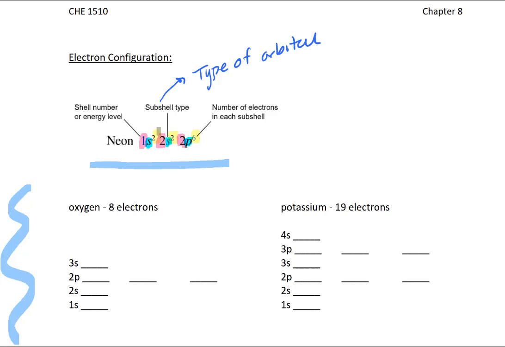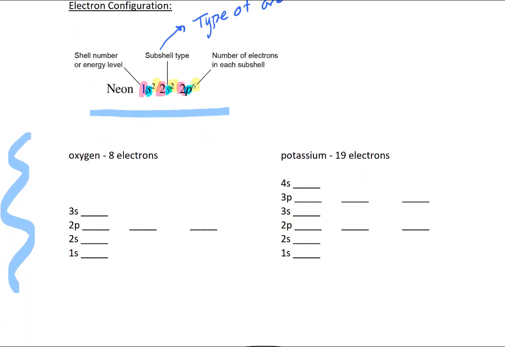So let's look at our energy level diagrams that we've drawn before for oxygen and potassium and then use those to write our electron configuration. So for oxygen, what we did was we put in our 8 electrons, starting with our lowest energy level, moving up to our next energy level, remembering that there's only 2 electrons allowed in each orbital, and that one has to be pointing up and one has to be pointing down.